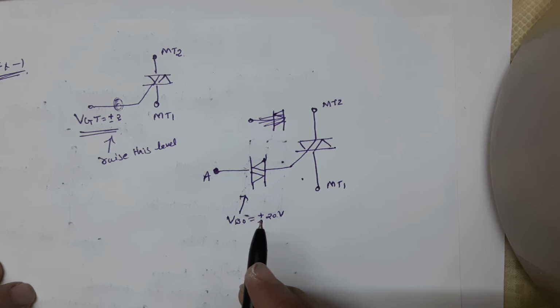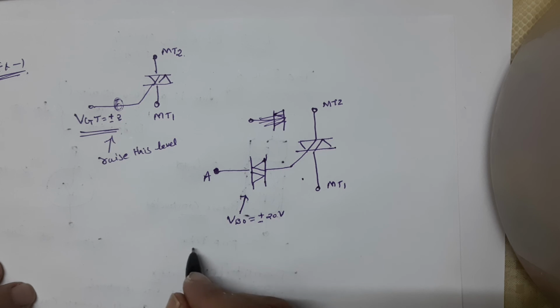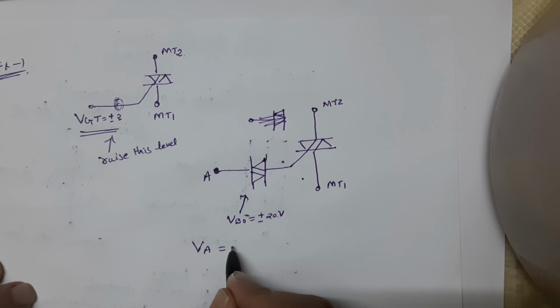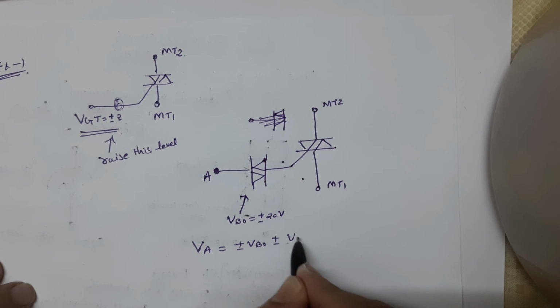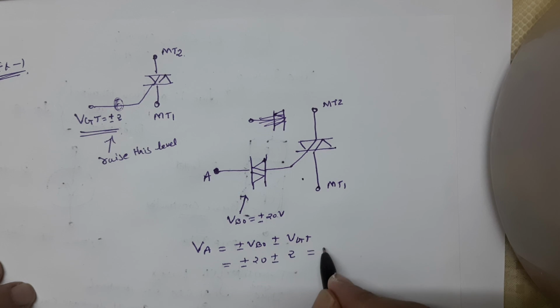So point A must be raised by the diac's VBO plus VGT. Therefore, in order to turn on the triac, the gate trigger signal VA must be equal to plus or minus VBO plus or minus VGT. This is equal to plus or minus 20 plus or minus 2, which is equal to plus or minus 22 volt.